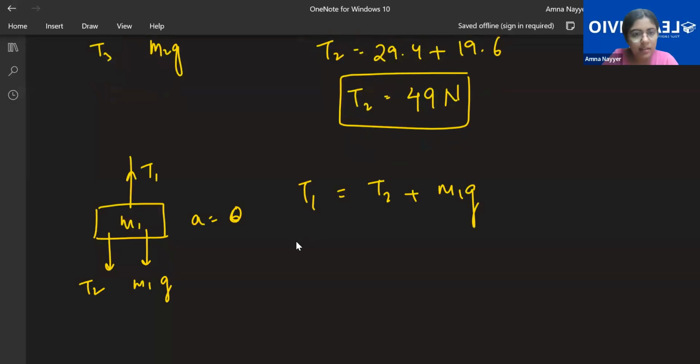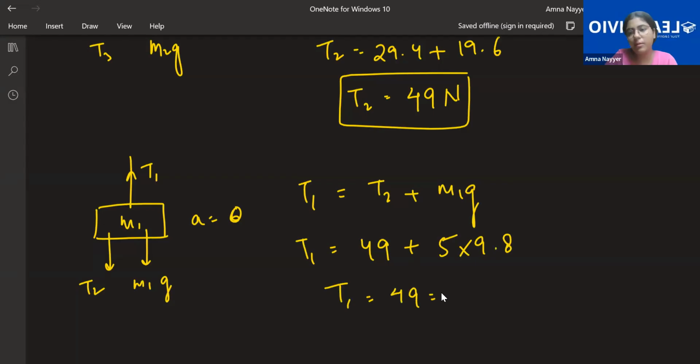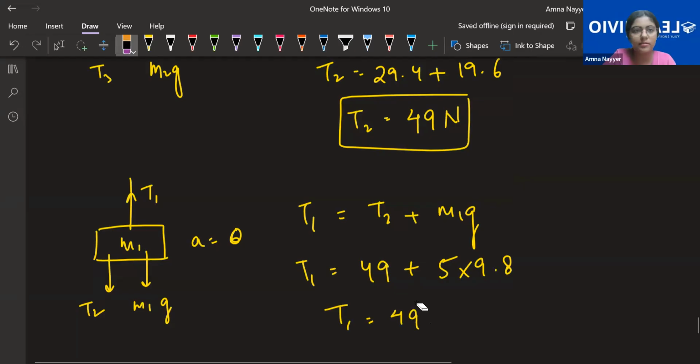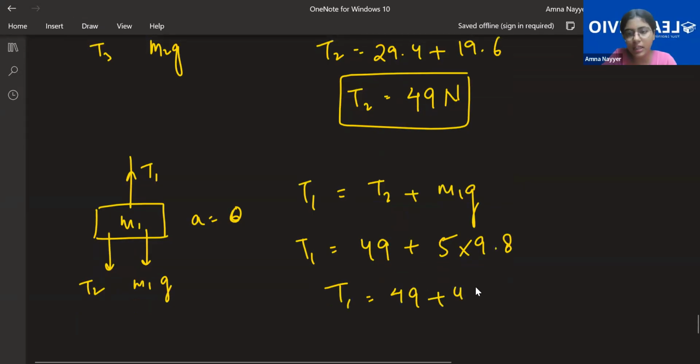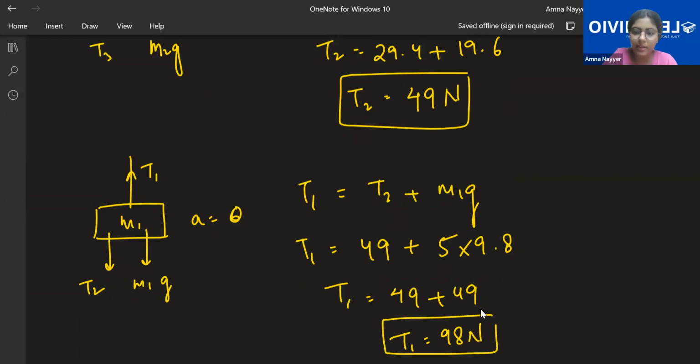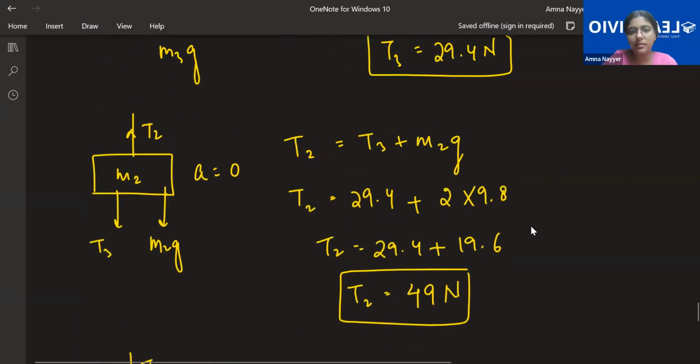So T1 is equal to T2 is 49 plus M1 is, what is M1? 5 kg. 5 into 9.8, this is 49. So 49 plus 49, T1 is equal to 98 Newton. Is this question clear?